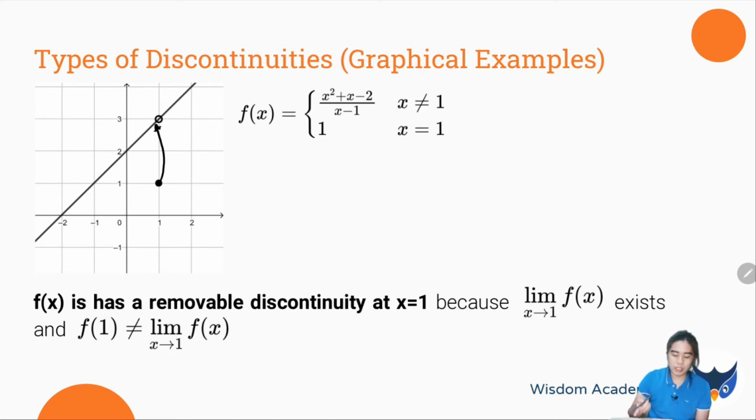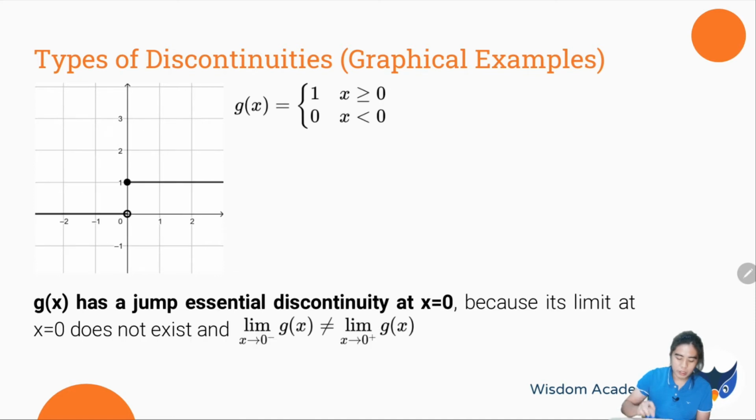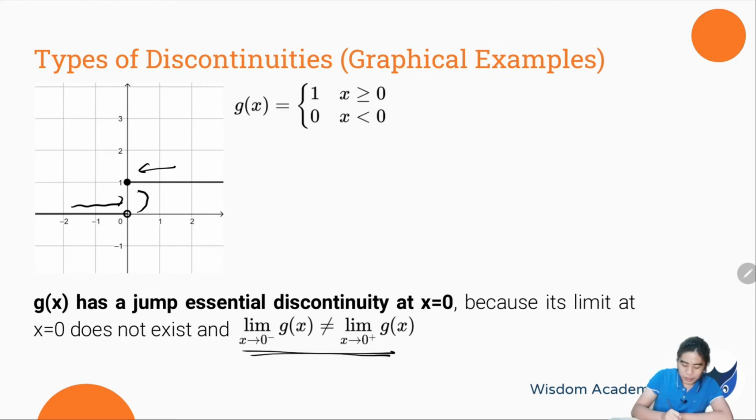So, kailangan lang natin i-define yung function para ma-remove yung discontinuity. Next naman is jump essential discontinuity. Jump essential discontinuity happens dahil hindi nga equal si left-sided limit sa right-sided limit. So, ganito itsura niya. Jump essential discontinuity yung tawag niya kasi parang nag-jump siya dito, papunta dito.